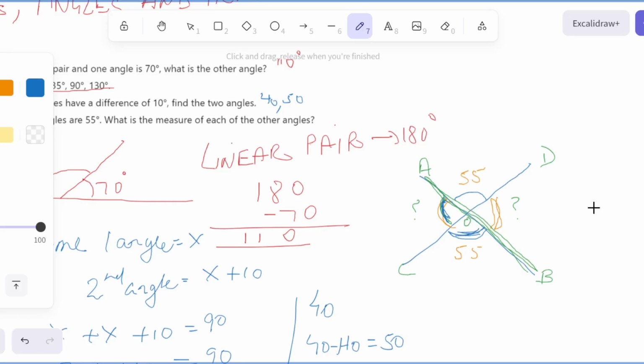They are on a straight line, right? Yeah, so you can subtract 55 from 180. So how much does it come out to be? 125. Yeah, so even this will be 125. So the answer to this is 125 each. The other angles will be 125.